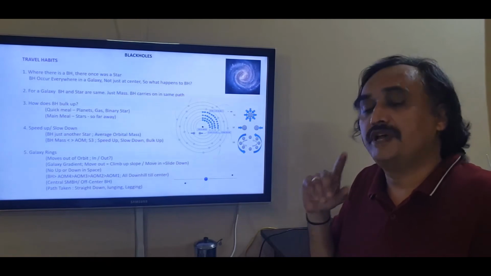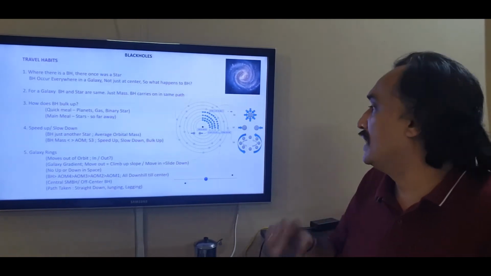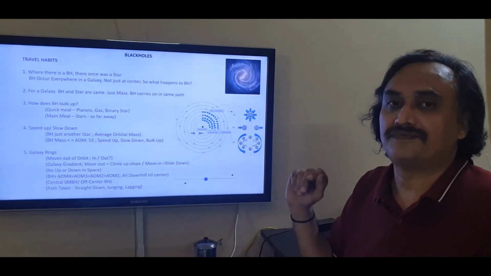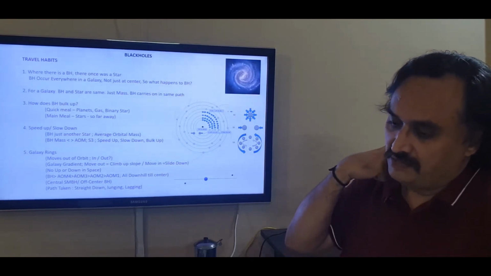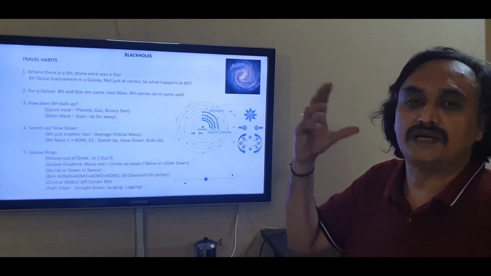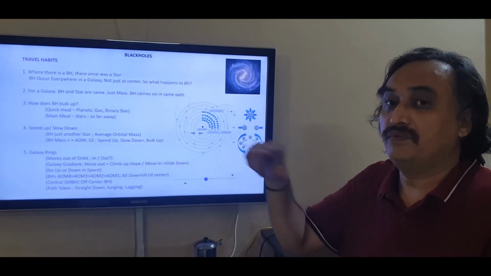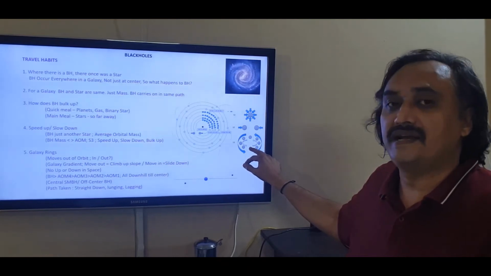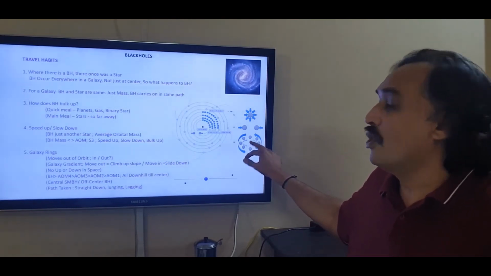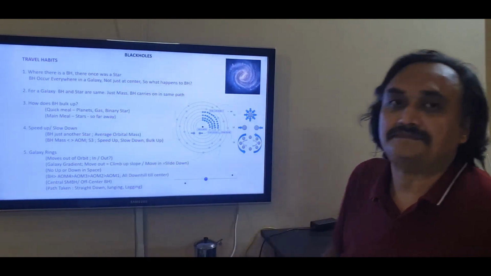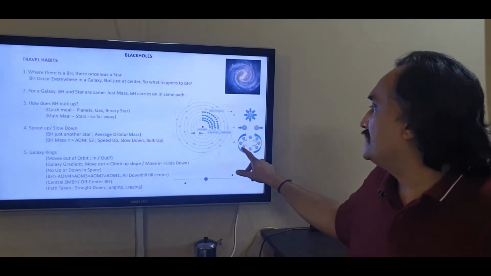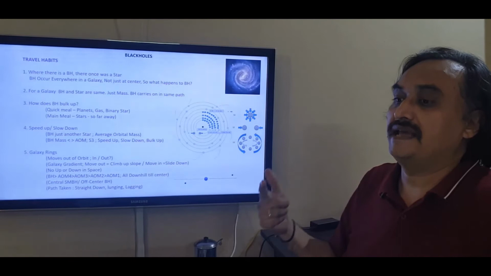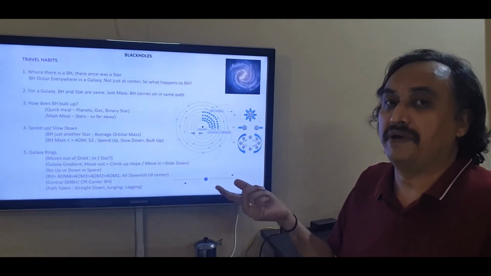And then there is something called the average orbital mass. We see these stars, I have shown them as all similar stars of the same shape or size, but that need not be. Some star could be smaller, some star could be bigger. So there would be an average orbital mass. If the black hole which is created is more than the average orbital mass, then the S3 will not be able to move the new black hole to the same extent that it was moving the parental mass.